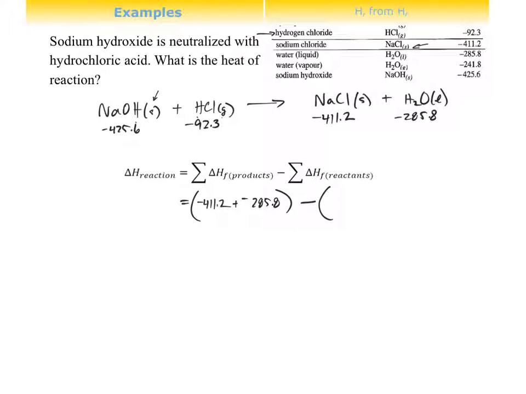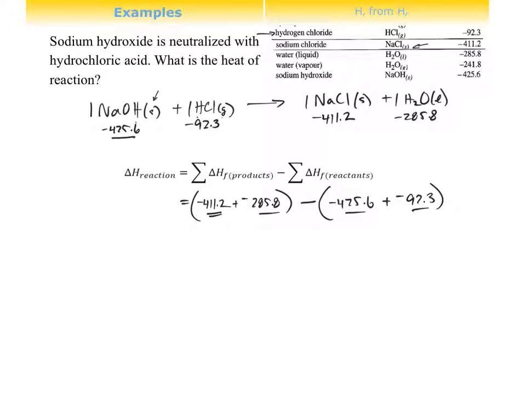Minus bracket negative 425.6 plus negative 92.3. Now, notice there's one step before that to multiply the heats of formation by whatever their coefficients are. In this case, they're all 1, so I didn't need to multiply these numbers by any number.